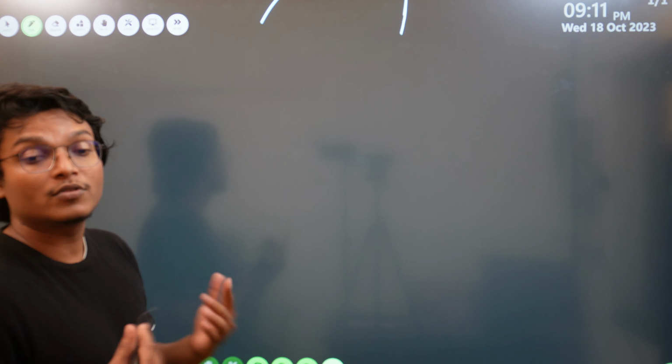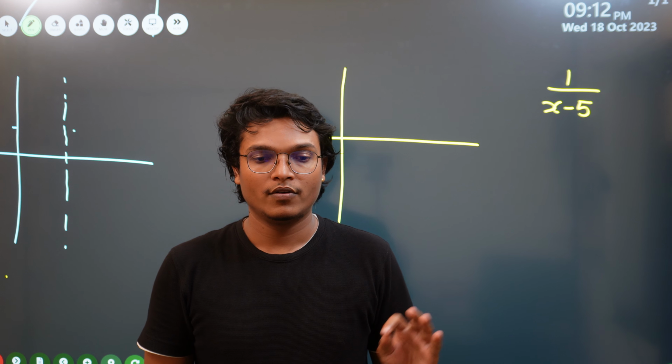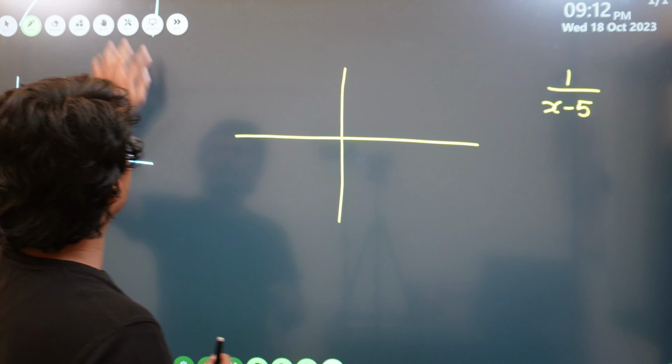How to understand this? If this is the graph given, I am taking one example, 1 upon x minus 5. Now I think you know what indeterminate forms are.